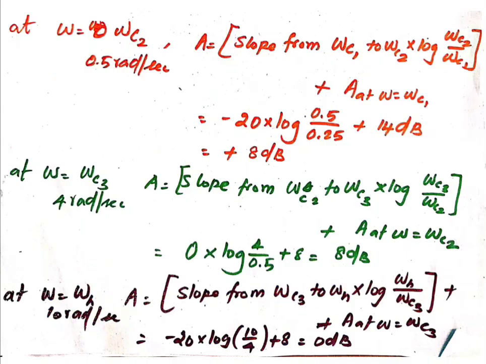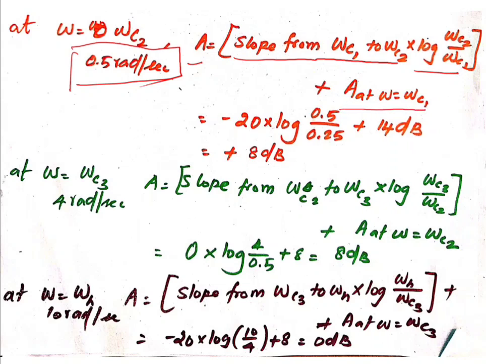When we come to the second corner frequency, omega c2, that is 0.5 radians per second, we have to include the change in slope from omega c1 to c2. That is, the gain A is equal to the slope from omega c1 to c2 into log of omega c2 by omega c1, plus the gain at omega is equal to omega c1.